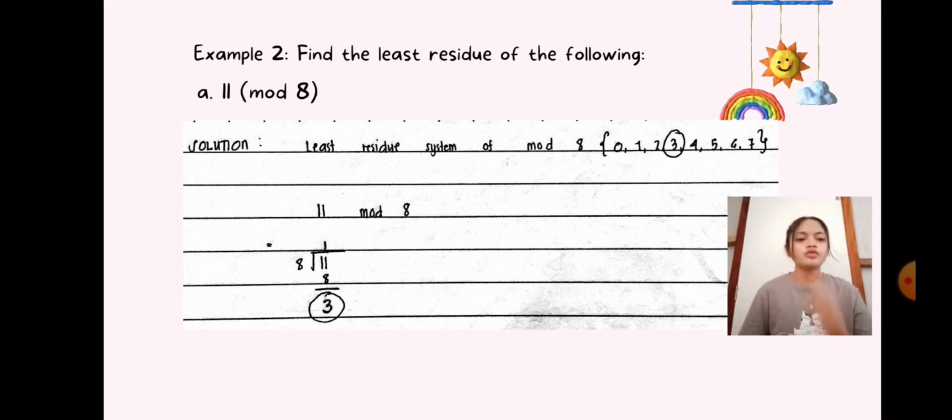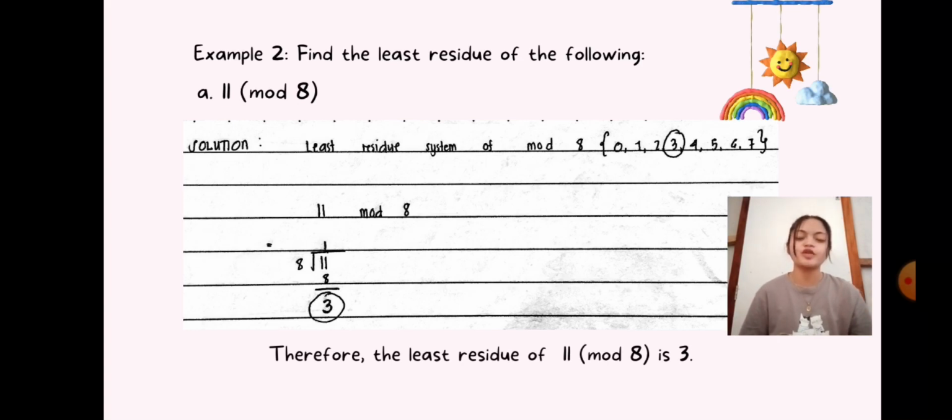When we divide 11 by 8, we get 1 as the quotient, then 3 as the remainder. We see that 3 is in the least residue system. So the least residue of 11 mod 8 is equivalent to 3. Therefore, we can conclude that the least residue of 11 mod 8 is 3.